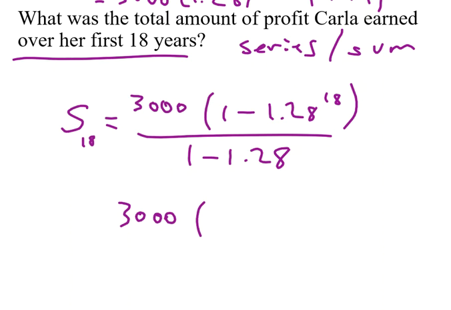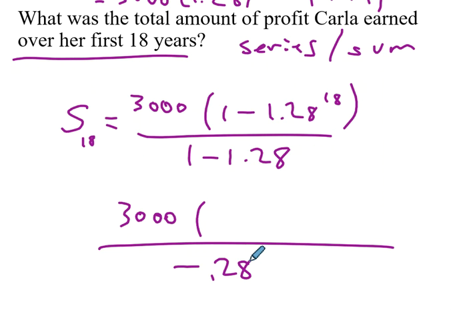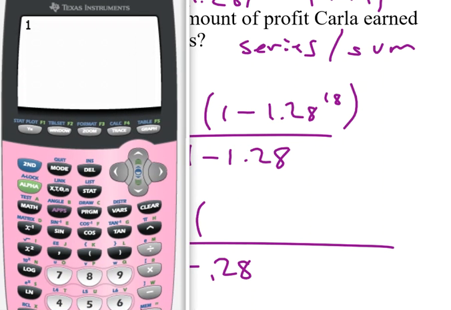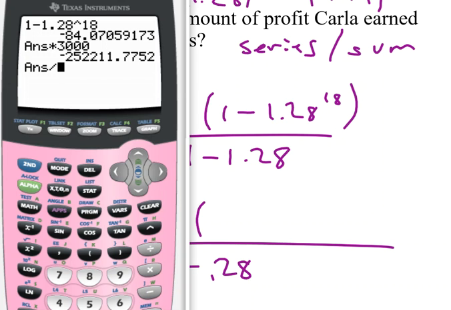So I'm going to do 1 minus 1.28 to the 18th, multiply that by 3,000 and divide by 0.28.